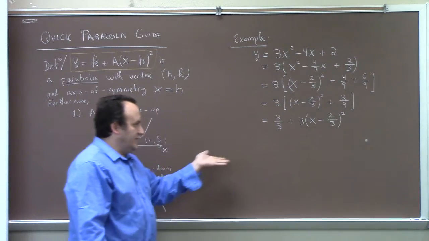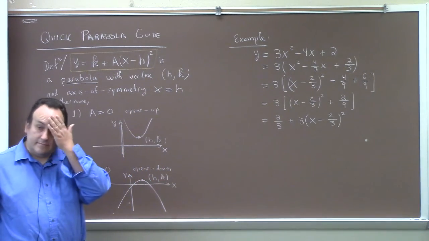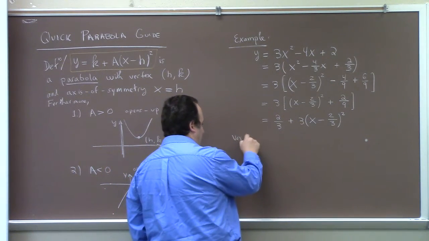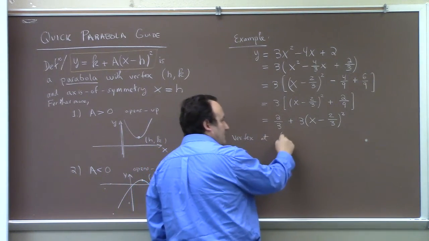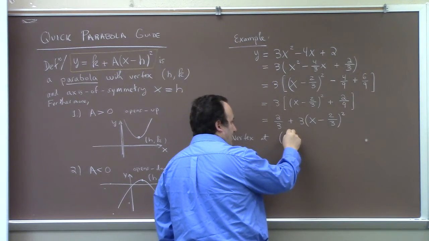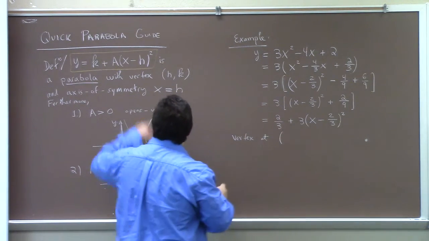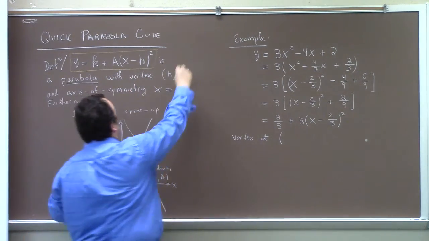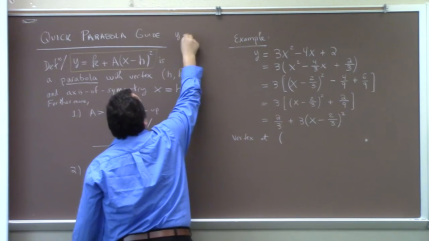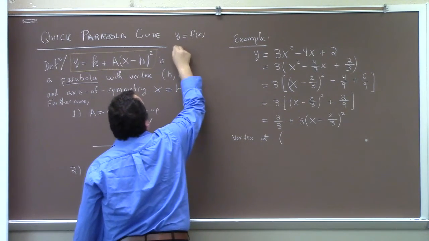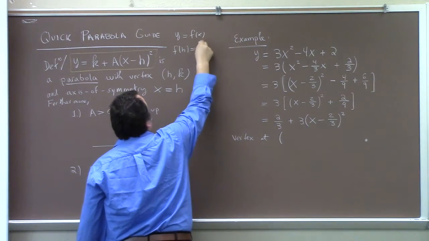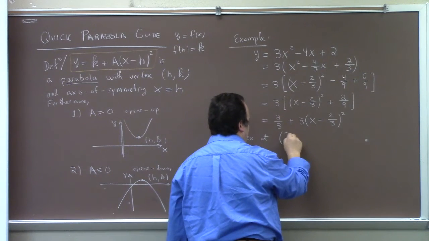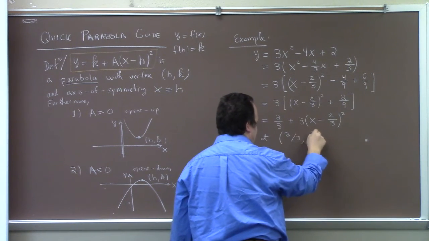So at this point, you can read off the vertex of the parabola. But remember the minus here. If we think about y equals f of x in this example, we should have f of h equals k. Wow, what are the odds? 2/3, 2/3?